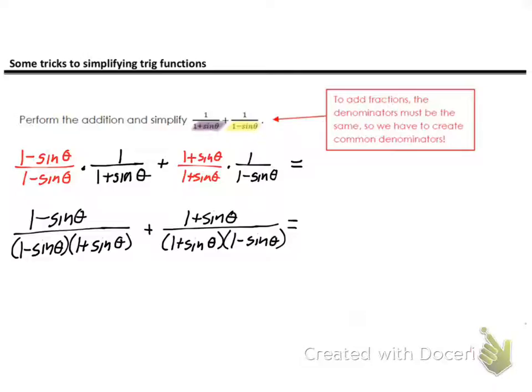So we really have the same denominator. So we can rewrite this as, let's do everything. So we're going to have 1 minus sine theta plus 1 plus sine theta. And that's going to be all over, let's do the multiplication. Well, it's a difference of squares, just like we did in the homework. It would be 1 minus sine squared theta. Yep.